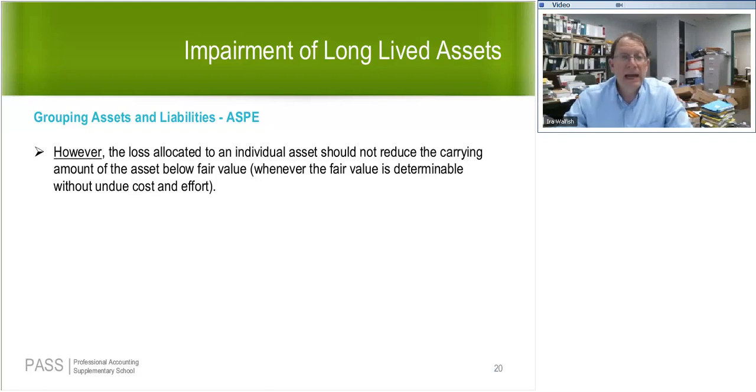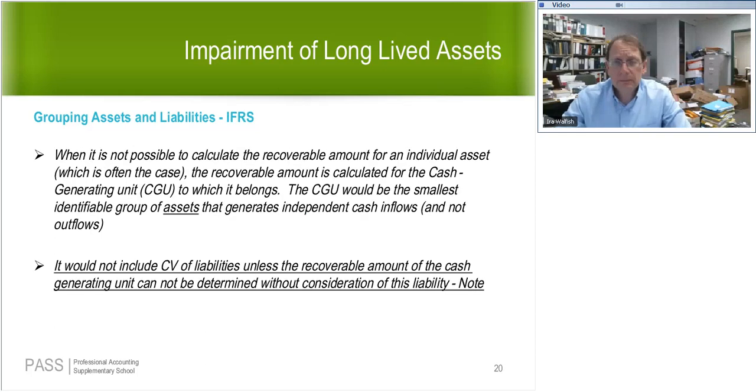Okay, now, never go below fair market value. Why would I? I said before, as long as you've got fair market value, I can get fair market value. Just don't go below that. Okay, that's going to affect our numbers. Now, that was ASPE.